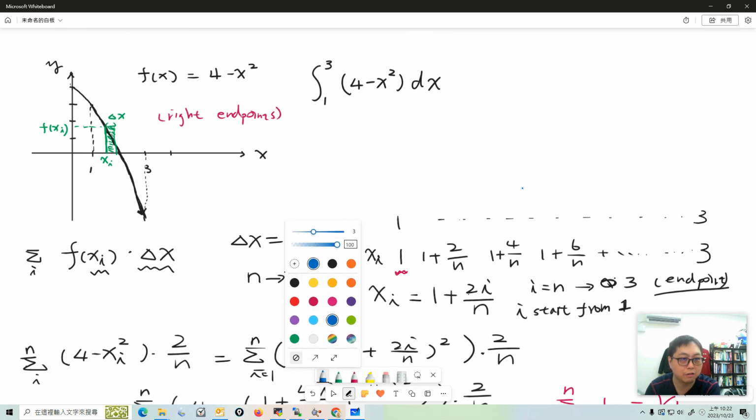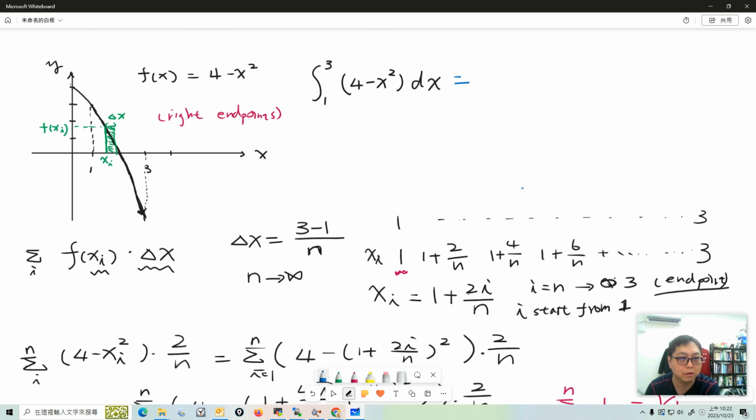Okay, let's check. We use the integration rule. This integral can be divided into two terms: the integral of 2 dx minus the integral of 1 over 3 x squared dx.